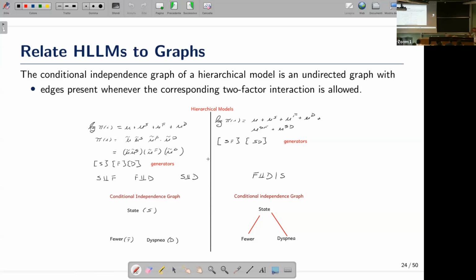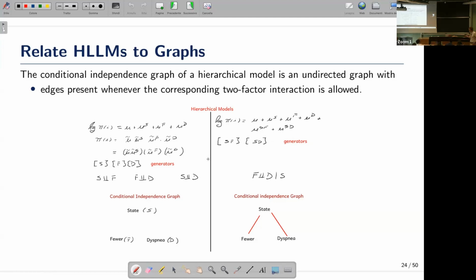Since we have u FS, we have u SD. In some sense, we have the edge. Yes, but the question you have to ask yourself is, can I factorize it? So can I split this without having a factor that contains all of them? That's the question.